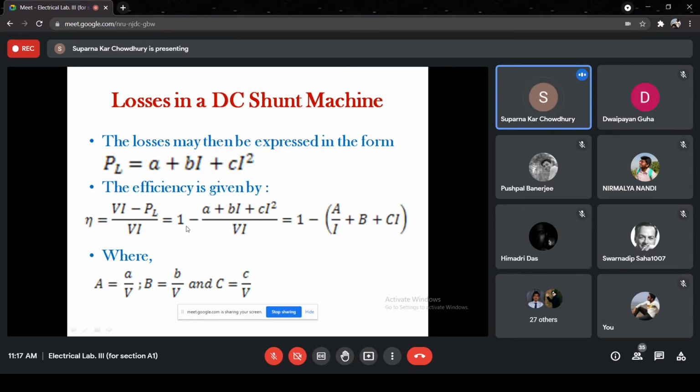It can be written as 1 minus (a plus bI plus cI squared) by VI, which equals 1 minus (A by I plus B plus CI), where capital A, B, C are given by small a by V, small b by V, and small c by V.